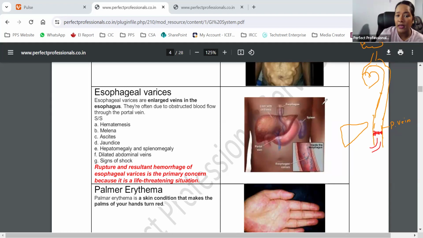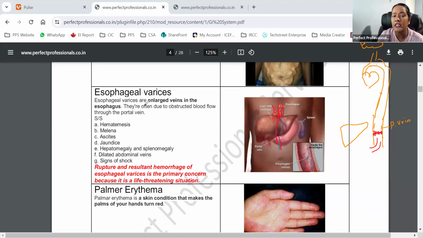Now in portal vein hypertension or obstruction, what is happening? In the esophagus there are small veins, tiny blood vessels that supply blood. If pressure goes to these small vessels, they will start getting dilated or enlarged, or they may bleed. First they try to control themselves, but if that fails, they will burst and start bleeding.